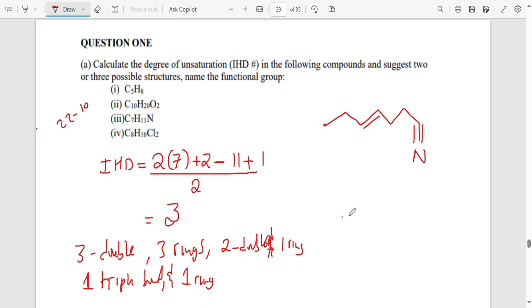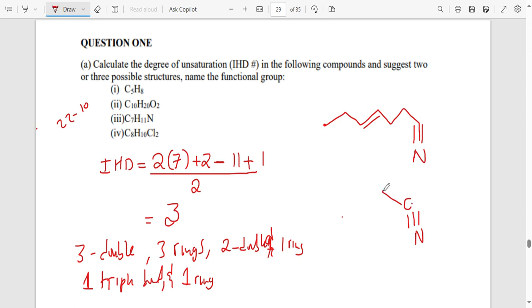Or if I use a triple bond between a carbon and a nitrogen, this is 1 carbon, there are 7. It means that the other carbons I can also put in a ring, because already this is 1 IHD.